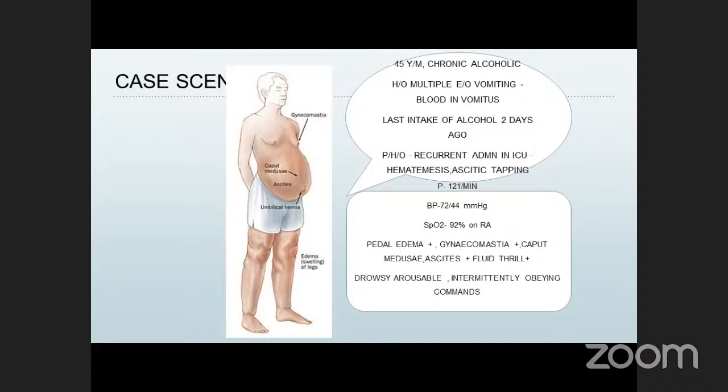As you can make out from the physical appearance, he has bilateral pedal edema, which is extending over to the legs, and per abdomen, he has a distended abdomen with caput medusae, umbilical hernia, and gynecomastia. Patient is drowsy, arousable, intermittently obeying commands.